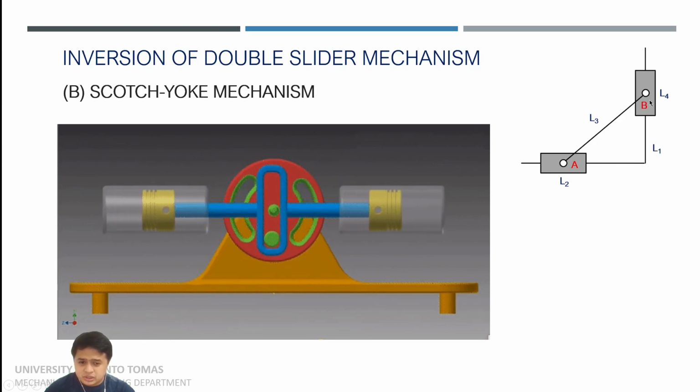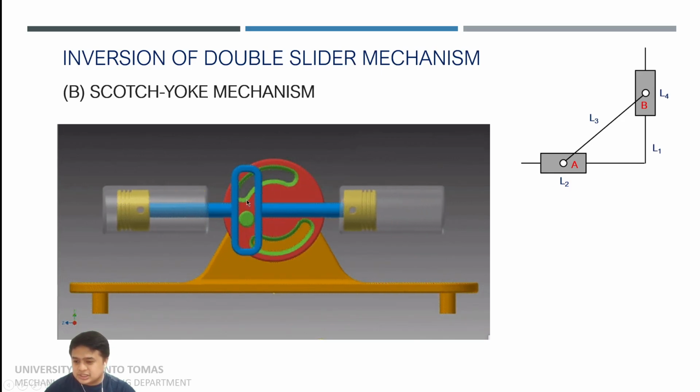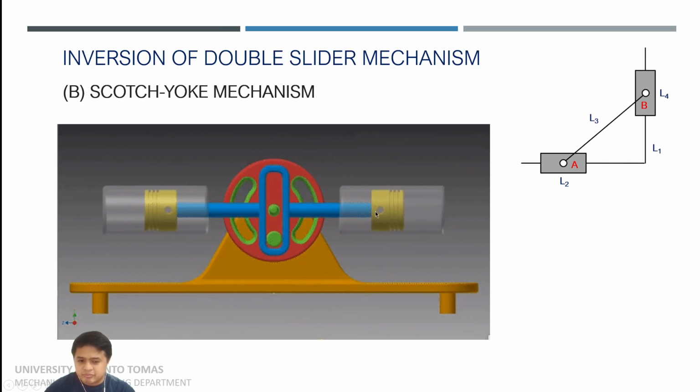So either L2 or L4 could be fixed, and L1, the guideway, will now freely move. As you can see, the guideway is actually this blue rectangular shape here that is moving. The guide frame is moving, but the slider, L2 or L4, is fixed here.